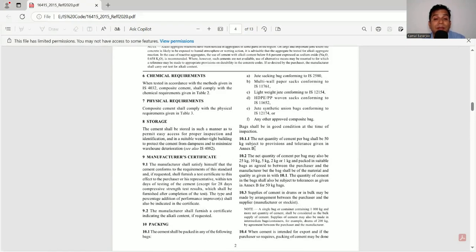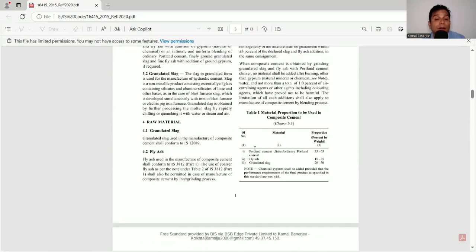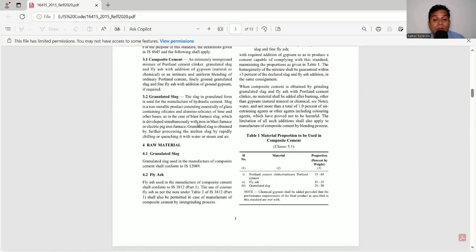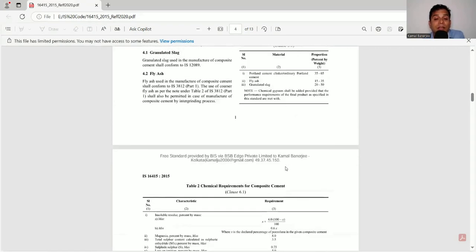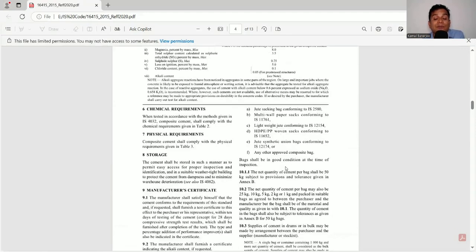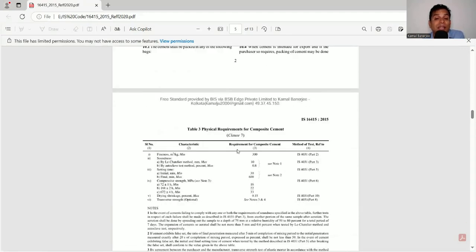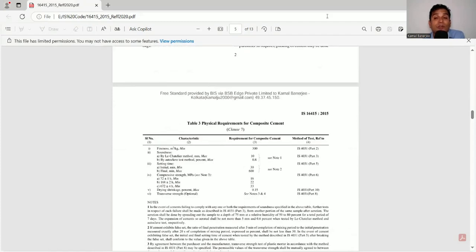So what is composite cement? What are the raw materials for proper preparation of composite cement? What is the material proportion to be used? What are the chemical properties and the physical properties of the composite cement? So why are we using composite cement? Because it is sustainable construction. We are using GGBS granulated slag and fly ash, which are byproducts and waste.